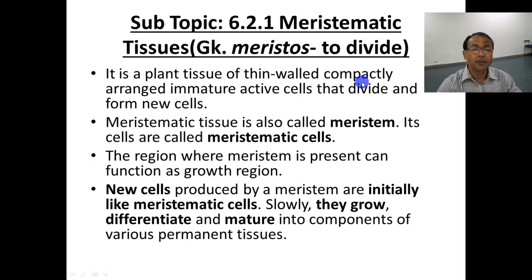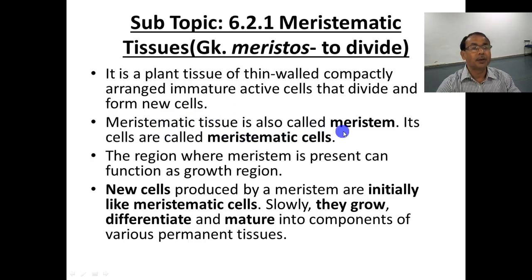The cells are thin wall, they are very compactly arranged, that means without any gap in between the cells, no intercellular space is present. Immature, they are very young, and they are active cells that divide and form new cells. So the basic purpose of meristematic cells is to form new cells.